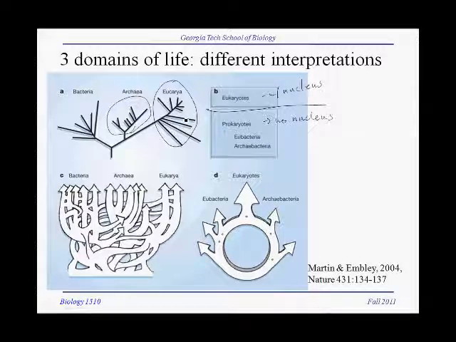So he realized that the only way the data fit in terms of a classification scheme was to have three separate domains, that bacteria and archaea comprise two major divisions of life, and eukarya constitute a third division of life, and he called these domains, and that the archaea domain and the eukarya domain were actually more closely related to each other than they were to bacteria.